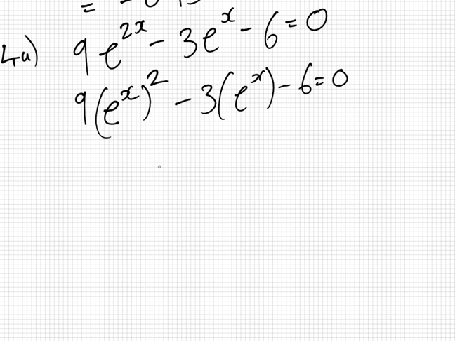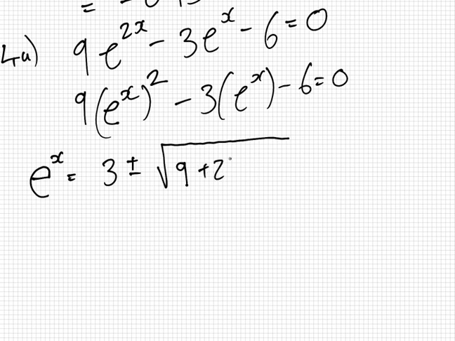So using the quadratic formula, you have e power x equals minus b plus or minus the square root b squared minus 4ac. So there's 2 minuses there, so it'll be 4 times 9 times 6 plus 216 all over 2a, which is 18.